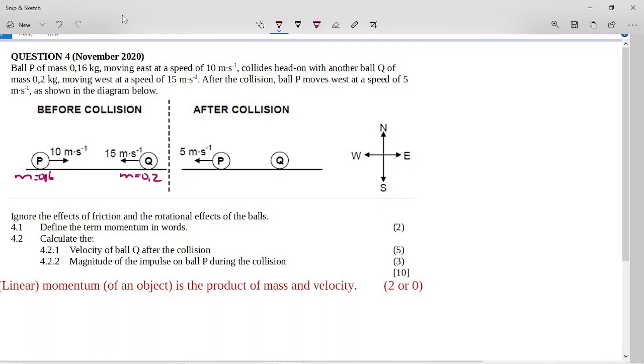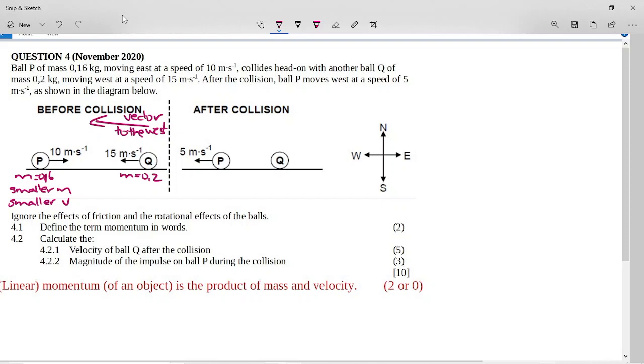Because this is a vector question, let's have a quick look and see which is the dominant vector direction. If I look at ball P, the mass is smaller than the mass of ball Q. And if I look at its velocity, the magnitude of the velocity is smaller than that of ball Q. So in my mind, the dominant vector direction is to the west, because ball Q is larger and traveling faster, and momentum is the product of mass and velocity, so this one will have the larger momentum.